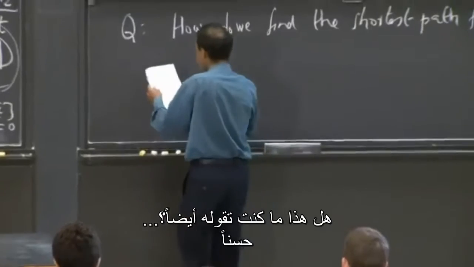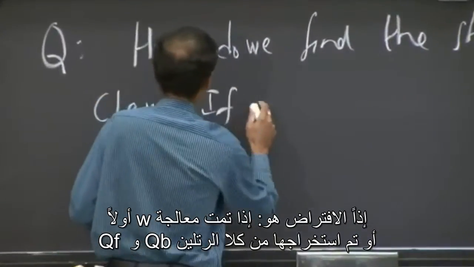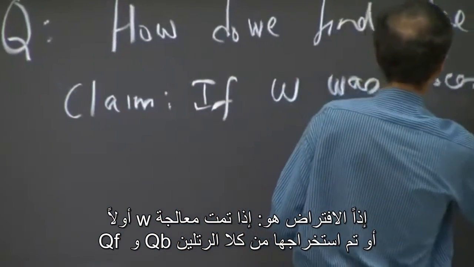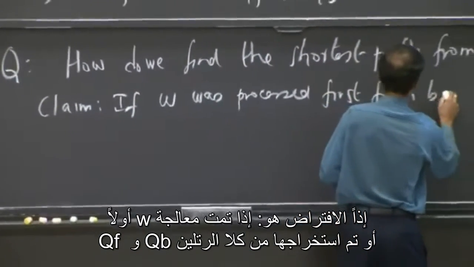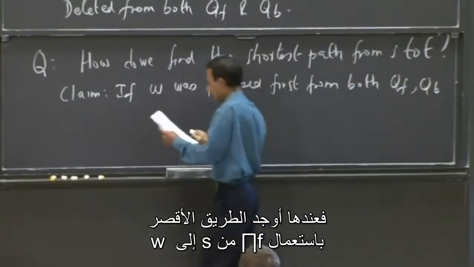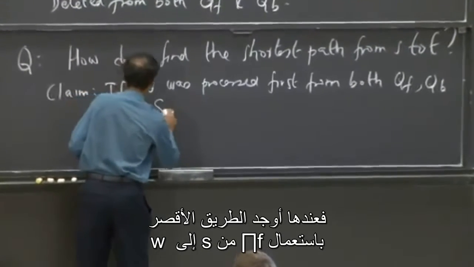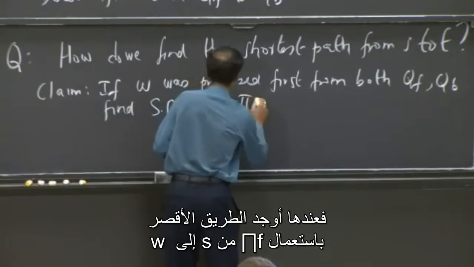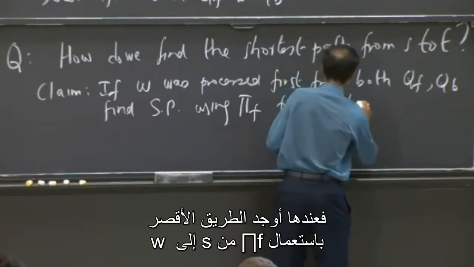Okay, so the claim is if W was the first node extracted from both QF and QB, then find the shortest path using pi f from S to W, right?